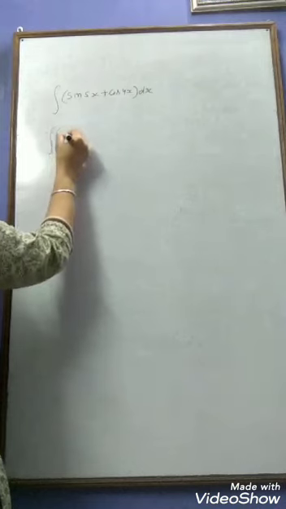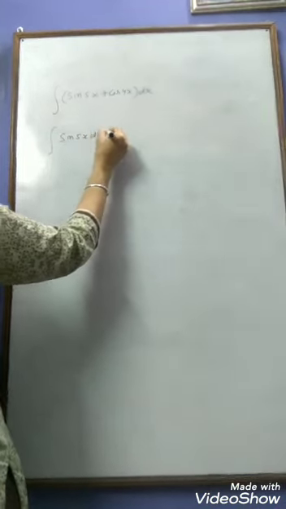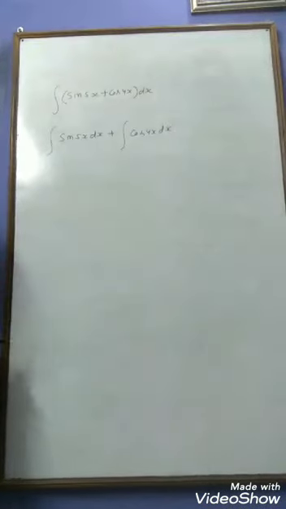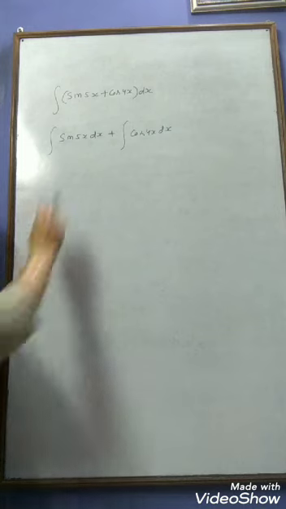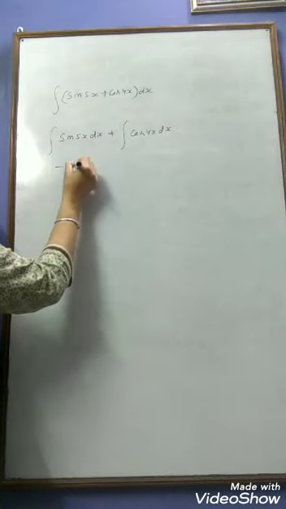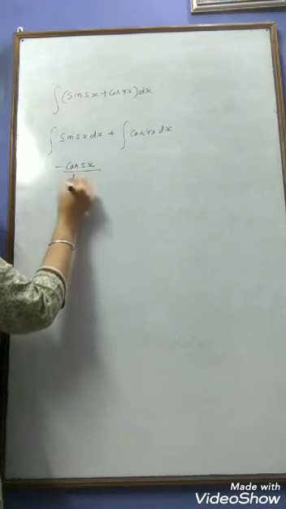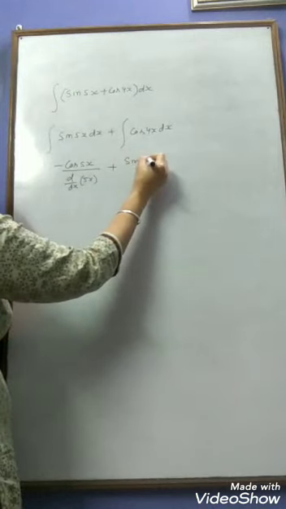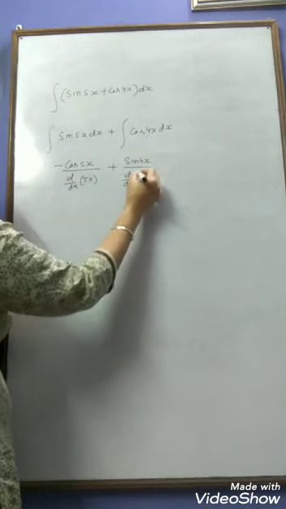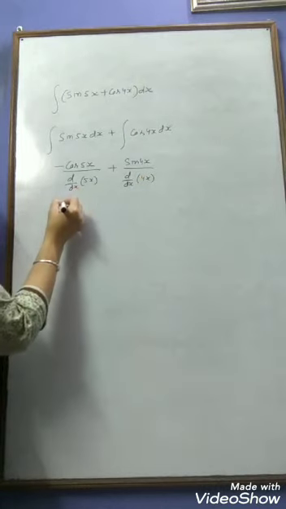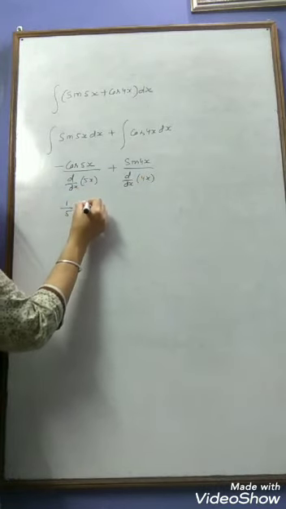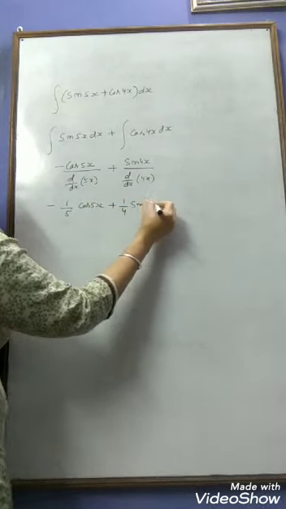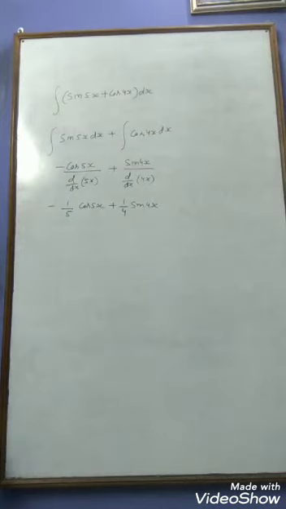We write sin 5x dx plus cos 4x dx, and solve each in the same form: minus cos 5x divided by the derivative of 5x, and sin 4x divided by the derivative of 4x. So the answer is minus 1/5 cos 5x plus 1/4 sin 4x.